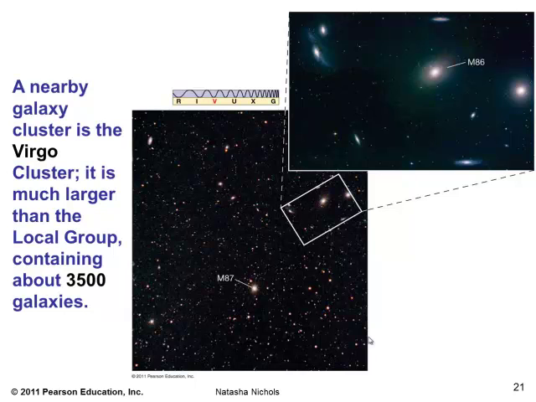Many large spiral and elliptical galaxies can be seen. The inset shows several galaxies surrounding the giant elliptical known as M86. An even bigger elliptical galaxy, M87, noted at the bottom, will be discussed later in this chapter.